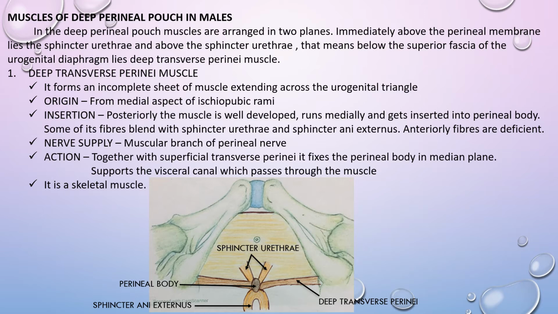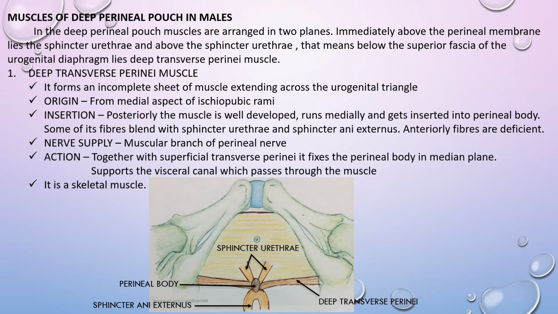These fibers run medially and get inserted into the perineal body. Some of the fibers blend with the sphincter urethrae and sphincter ani externus. Anteriorly, most of the fibers are deficient.